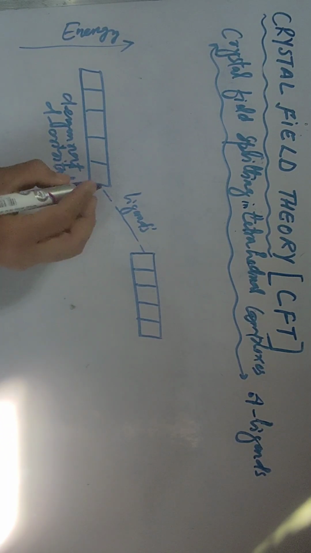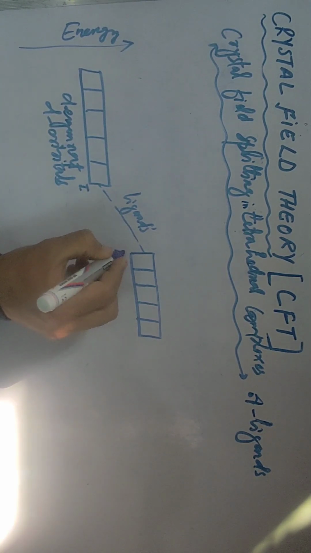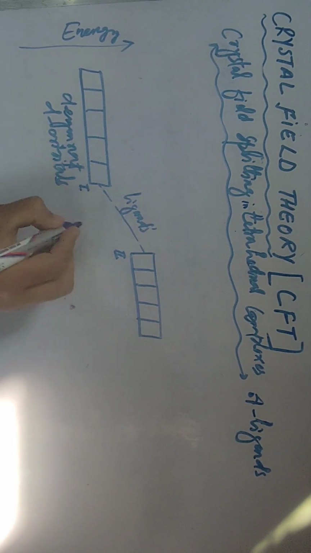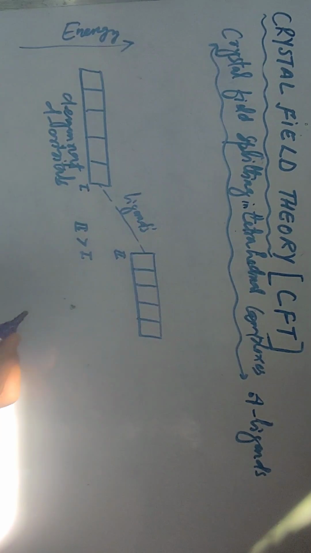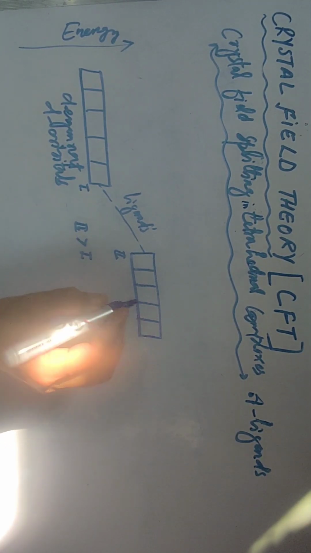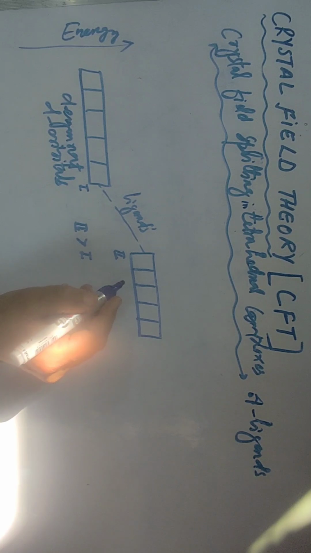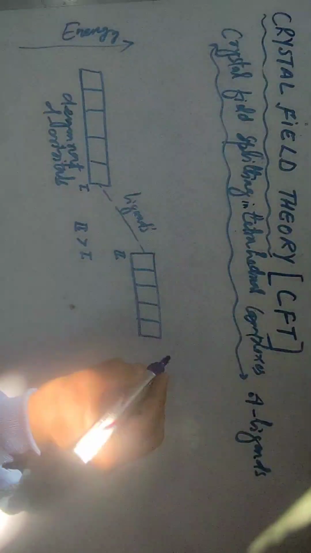So if this is the first state and this is the second state, the second state has higher energy than the first, as seen in the octahedral complexes. These 5 d orbitals are still degenerate in energy, but they have higher energy than the initial state.